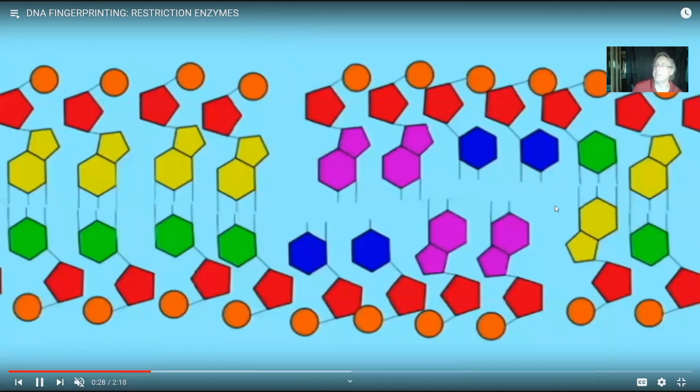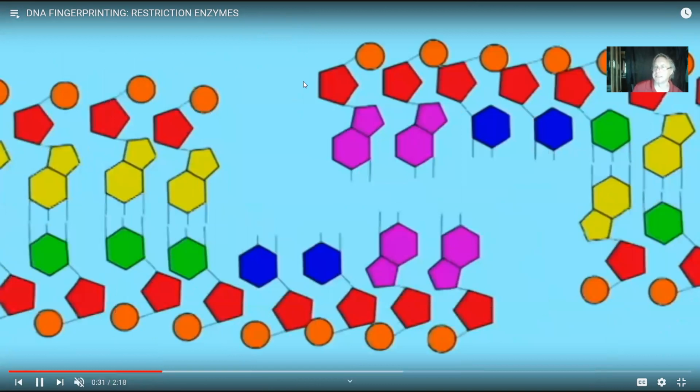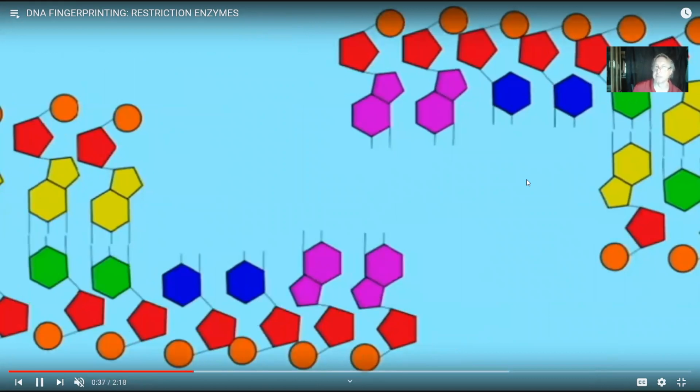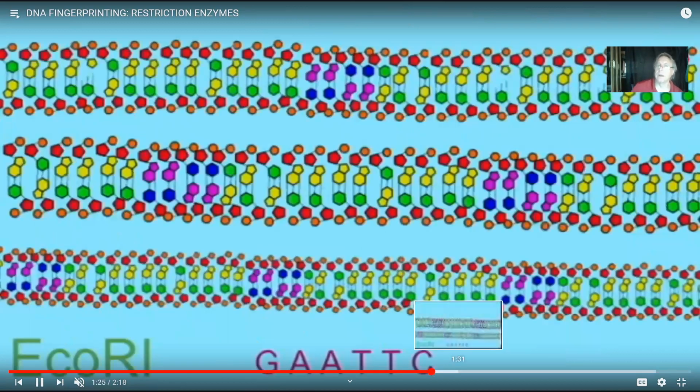But bacteria can have enzymes which are defenses against viruses, which only cut specific sequences. They're known as restriction enzymes or restriction endonucleases. And so if you add this enzyme to a sequence of DNA, whether or not cuts are made depends on the sequences.